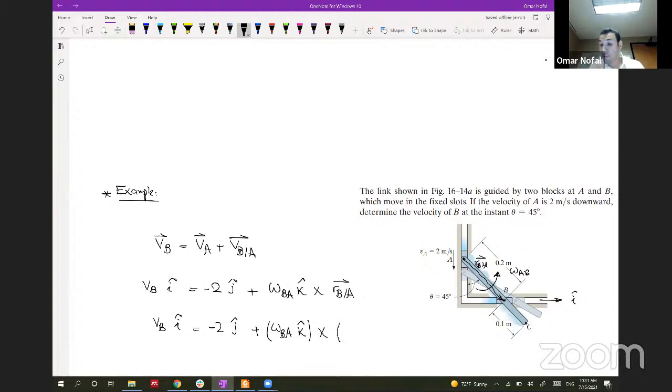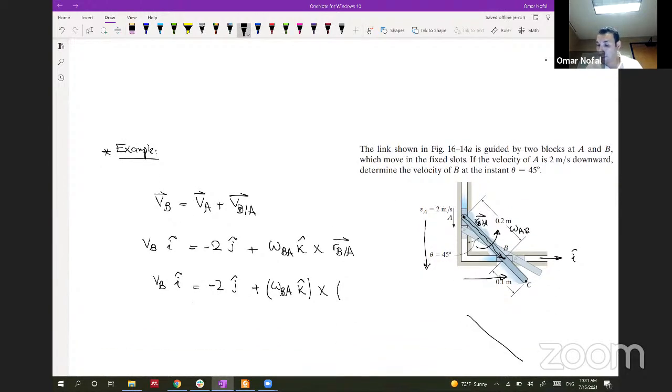So let's get the vector of RB. RB is negative this and positive this. Let's see how much in the y direction and how much in the x direction. This is 2 meters, and the problem says to determine the velocity VB at the instant where theta is equal to 45 degrees. So if this angle is 45 degrees, my vector will be something in the x and something in the y.